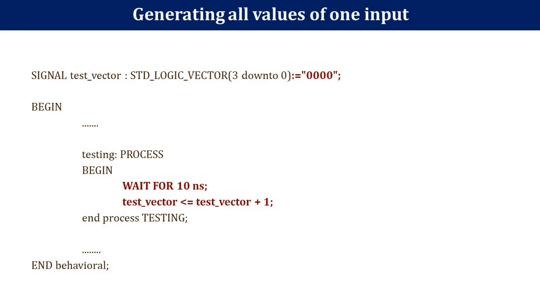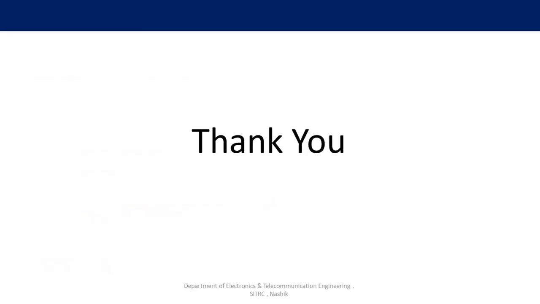Then test vector is assigned test vector plus 1, means every time that value is incremented by 1. 1, 2, 3, 4, 5, 6 up to 16, because it is a 4-bit signal and it has combinations from 0000 to 1111, that is a total of 16 combinations. In this way you can generate all the values of one input, or you can generate one value of one input at a time. It depends on you how you write your test bench code.